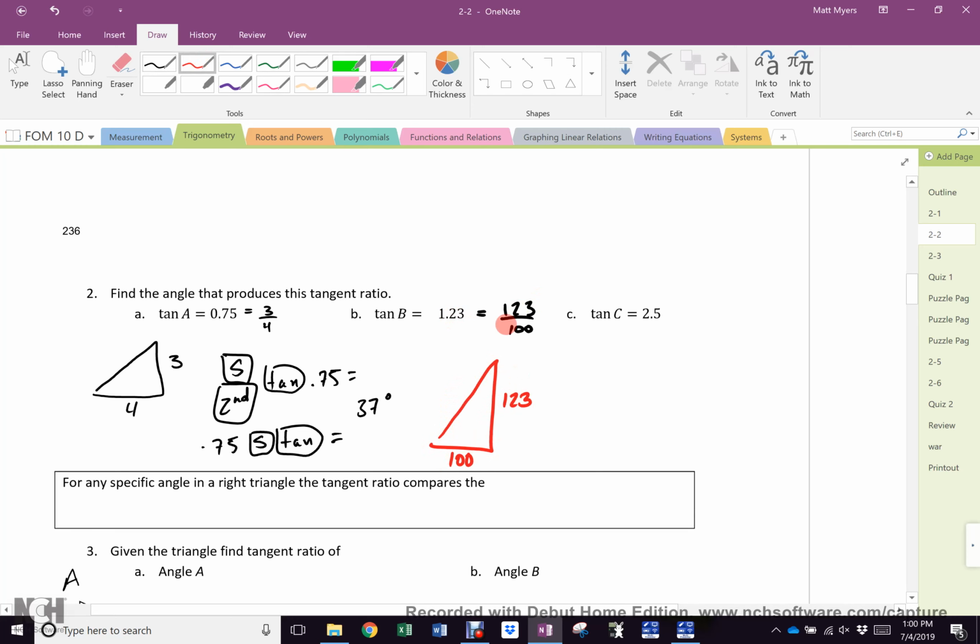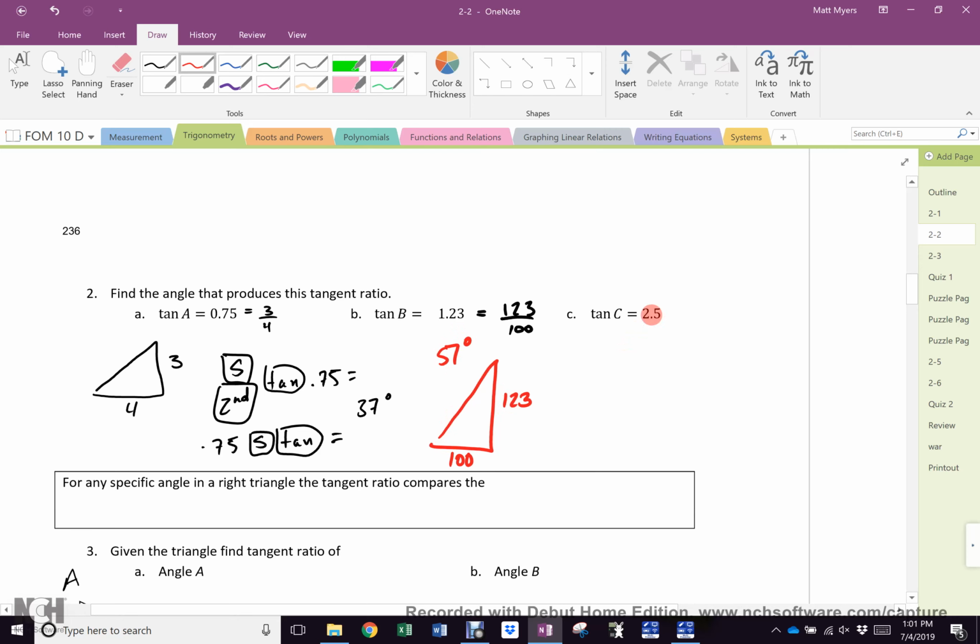So since that's a big number, this would be a big angle, right? Would it be bigger or smaller than 45? Bigger, because we know 45 was 1, right? So this has to be bigger than 45. So what is it? What's this angle? 51 degrees.